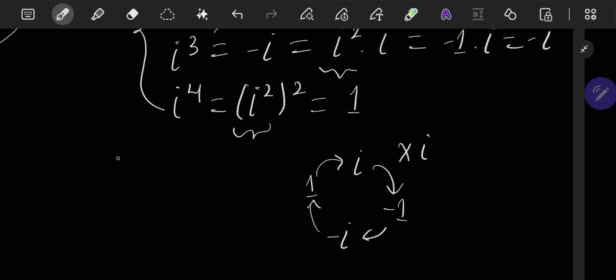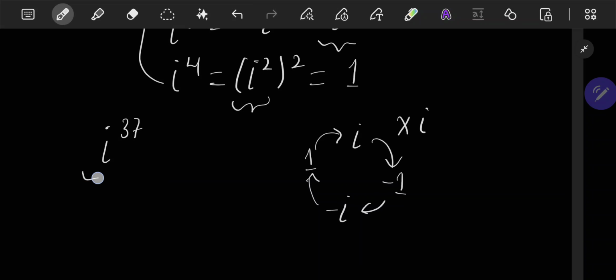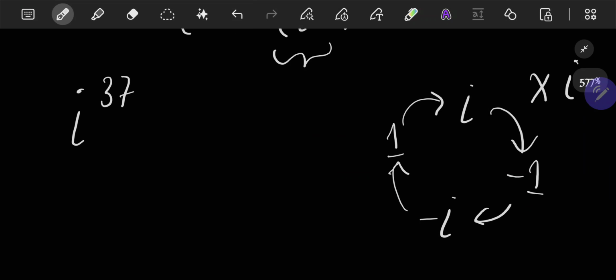For example, if I told you to find i to the power 37, how would you do it? Now, you could essentially multiply by i up to 37 times. However, there is a much neater way to do this. And how to do this, you ask?